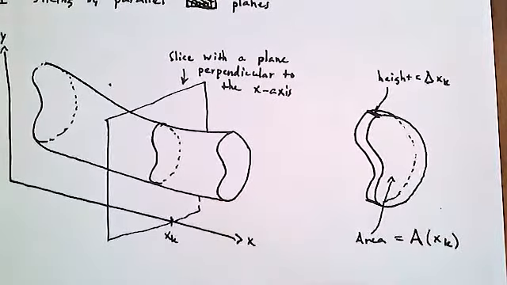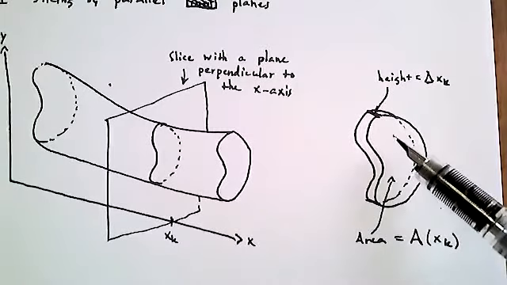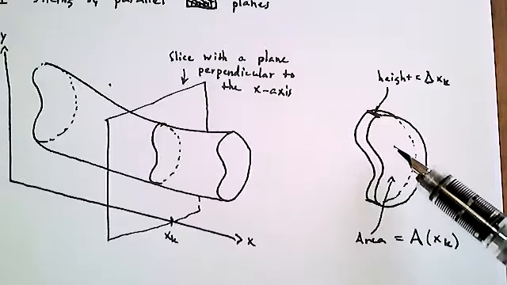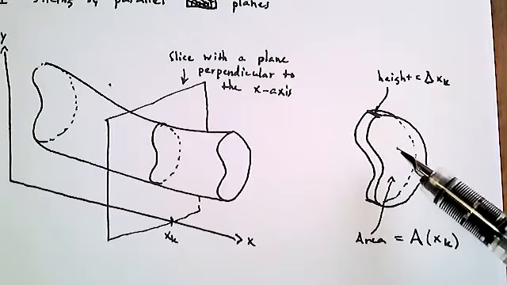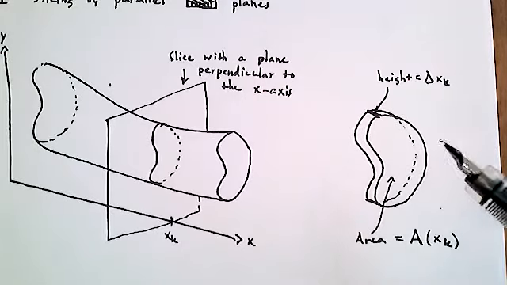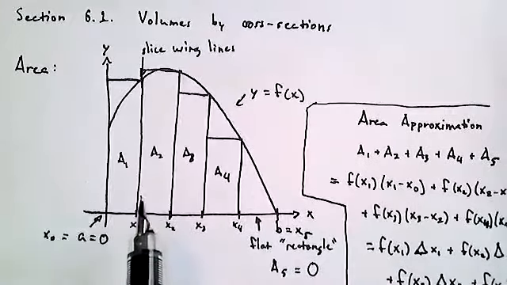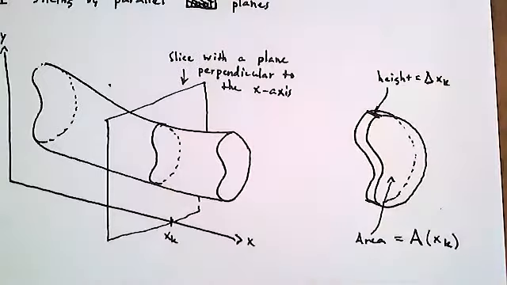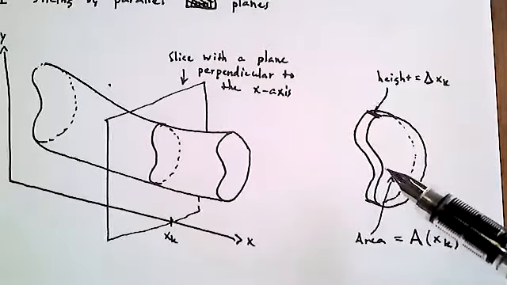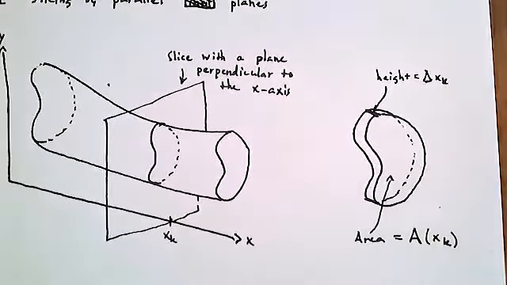Maybe there. Okay, so how can I find the area of this shape? Or what kind of shape is this? So in 2 dimensions, we had a rectangle. In 3 dimensions, we call this kind of shape a cylinder.